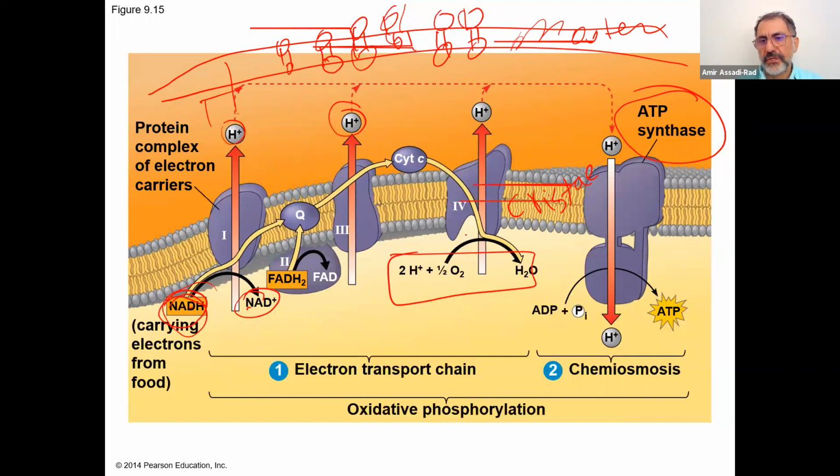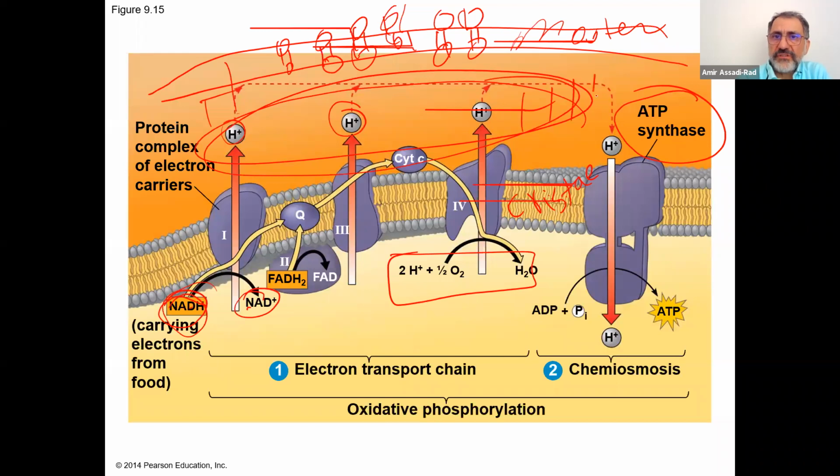I'm not going to elaborate on it too much. That's another deep discussion for people who take those courses. But then there is a whole bunch of hydrogen here. They go through ATP synthase, which pumps them inside, and with the help of that hydrogen, ADP plus phosphate is made into ATP.